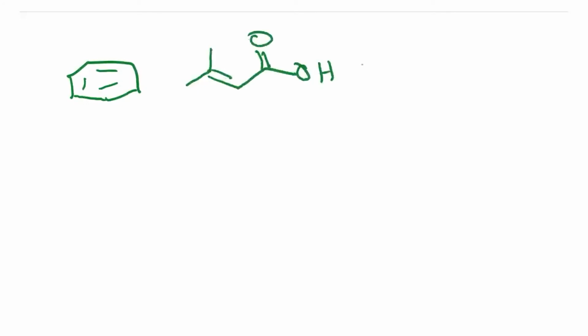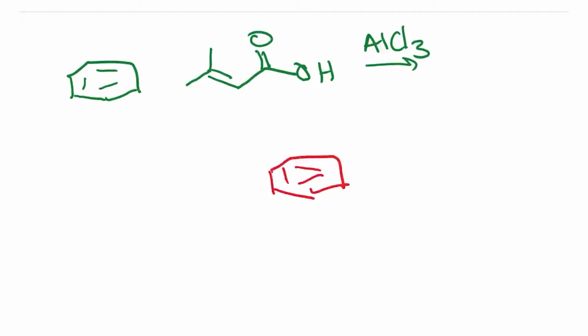But the interesting reaction that I would point out is the reaction of benzene, which we have looked at in detail in the earlier part of the semester. Let's say you start with this type of compound and you add AlCl3. If you recall, this is the Friedel-Crafts reaction, and the product that is formed is this.